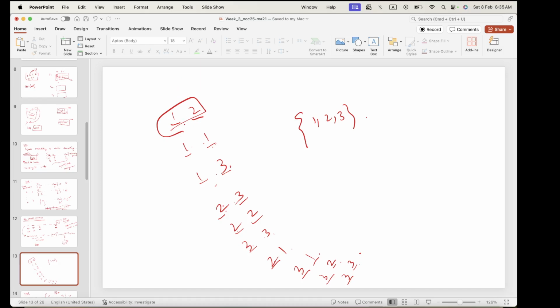We are just talking about how to populate these 9 spaces. There are total 9 ways I could select this sample, and if I select, let's say, 1 3, my probability will be 1 by 9.